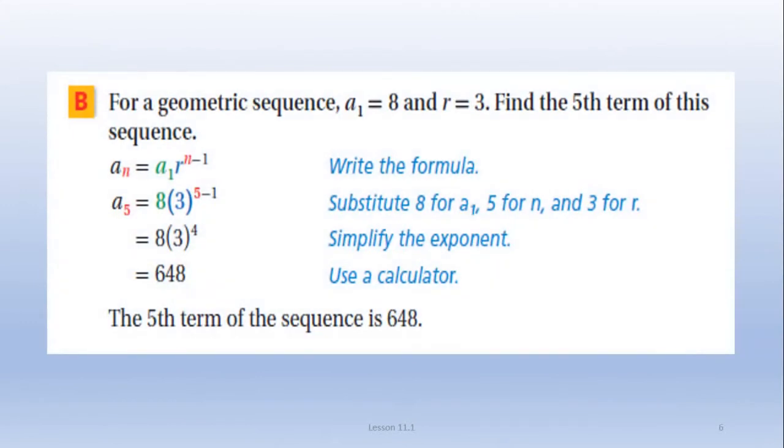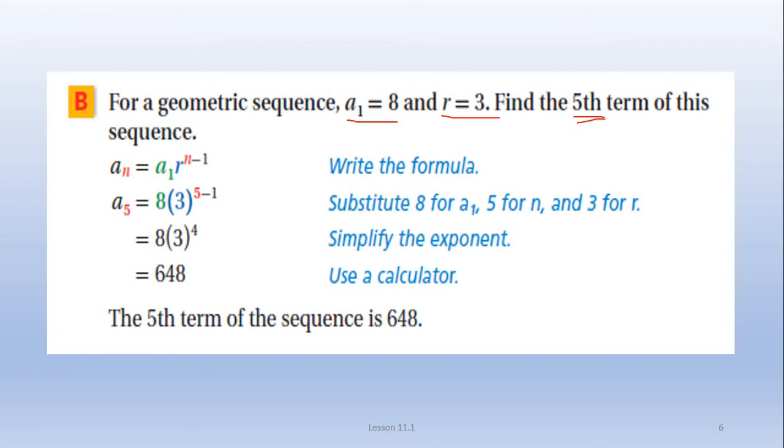In section B, for a geometric sequence, if the first term is 8 and the common ratio is 3, find the fifth term of this sequence. Again, we write the formula an equal to a1 multiplied by r raised to the power of n minus 1.